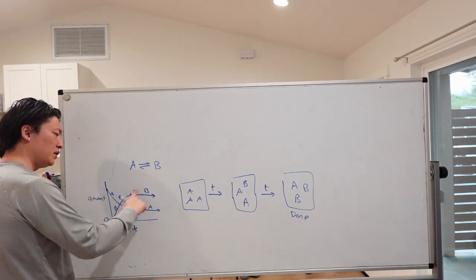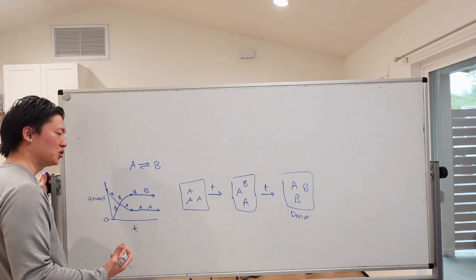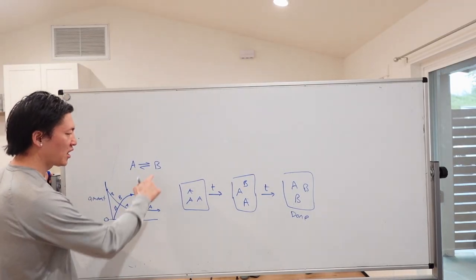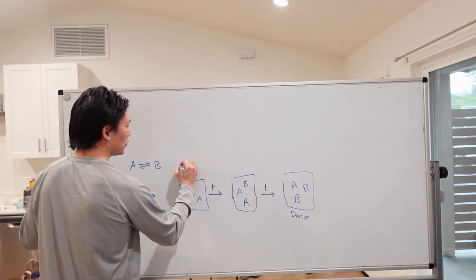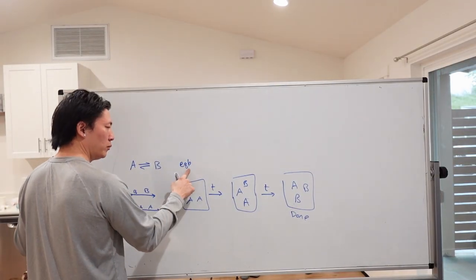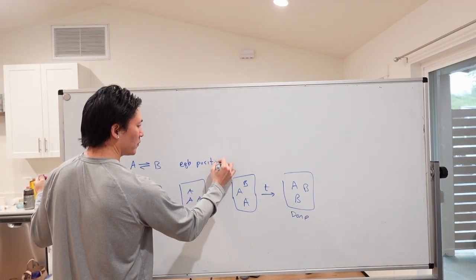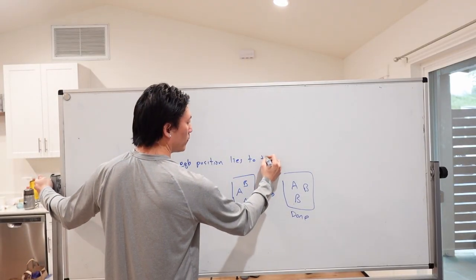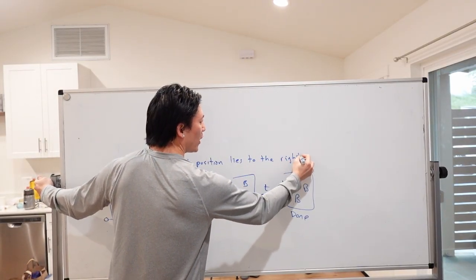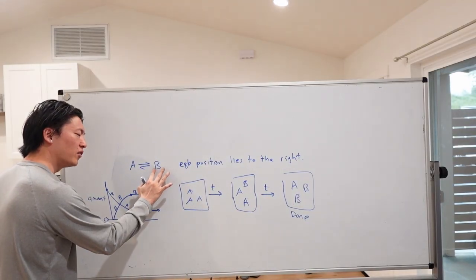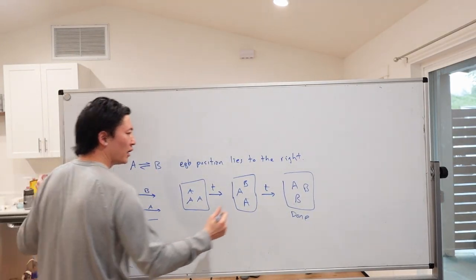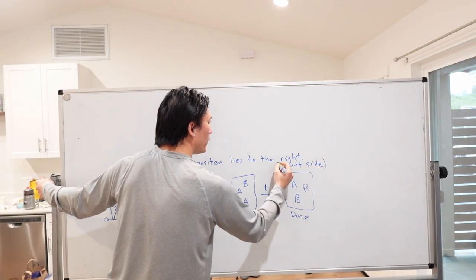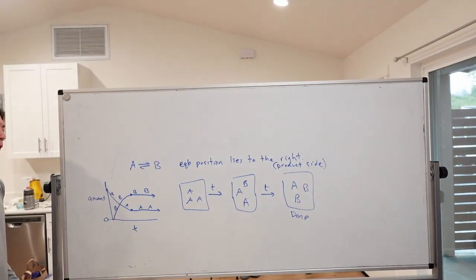Because there are more B's, we say that the equilibrium position lies to the right, the right-hand side, the product side, because there's more B.